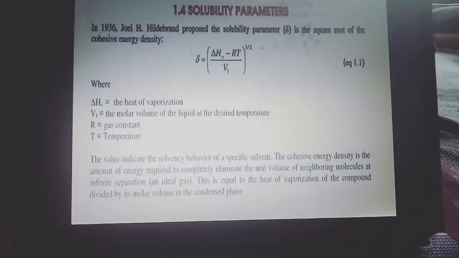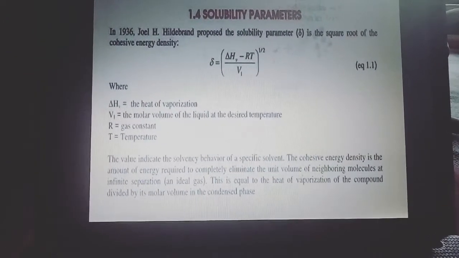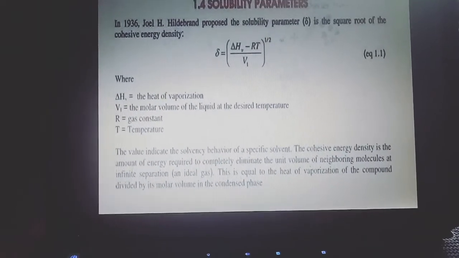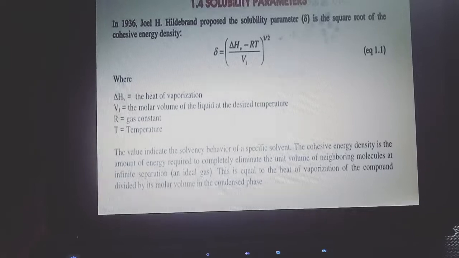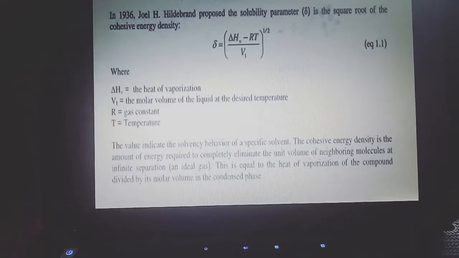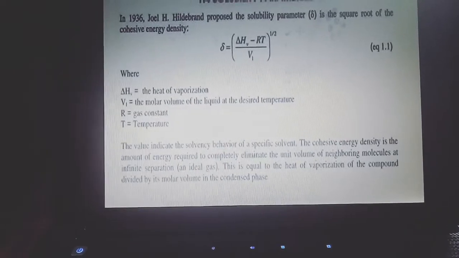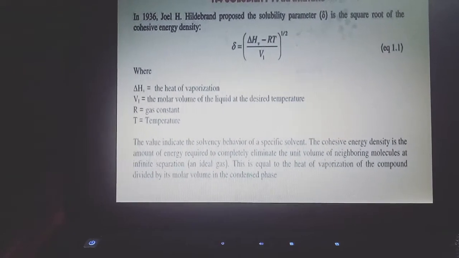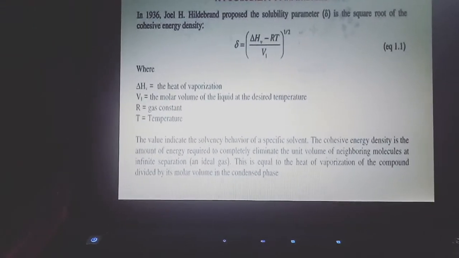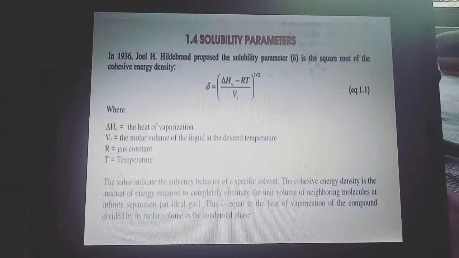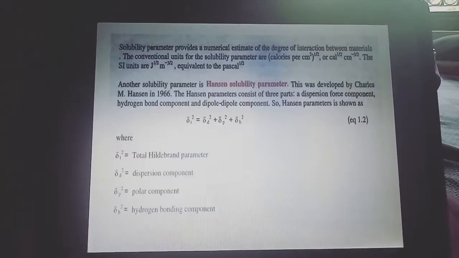The cohesive energy density is the amount of energy required to completely eliminate the unit volume of neighboring molecules at an infinite separation. This is equal to the heat of vaporization of the compound divided by its molar volume in the condensed phase, meaning delta H upon V1. You can see.